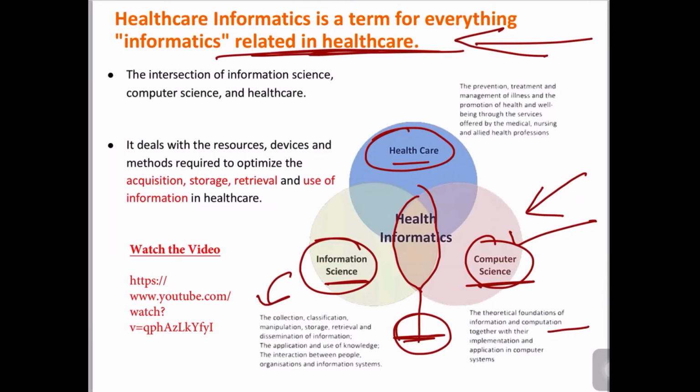Okay. Now, pause the video. Also write, healthcare informatics is the intersection of information science, computer science, and healthcare. Also, draw this diagram on a piece of paper with circles as a Venn diagram. Okay. So it deals with the resources, devices, and methods required to optimize acquisition, storage, retrieval, and use of information in healthcare.